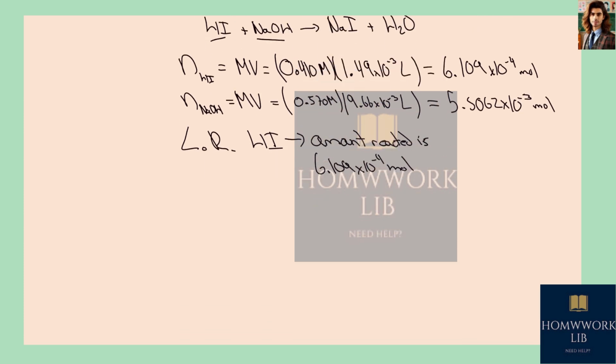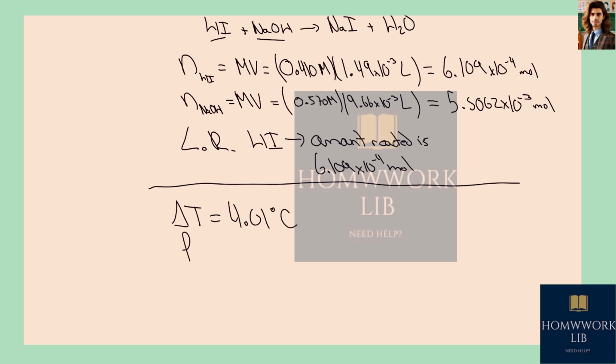Now, after we have done this, we can go ahead and see the data for the calorimeter. So that is like part 2 of this solution. We know that the change of temperature is going to be equal to 4.01 degrees Celsius. We are told that the density of the solution can be assumed to be 1 gram per milliliter.